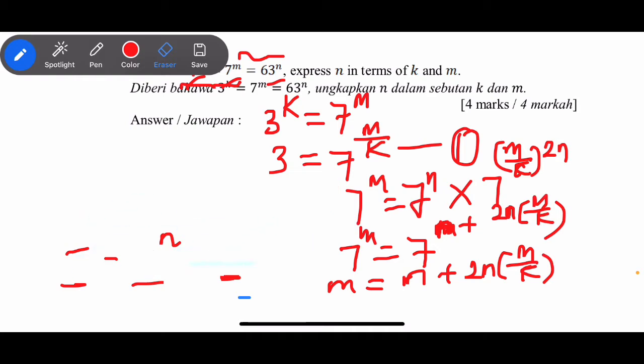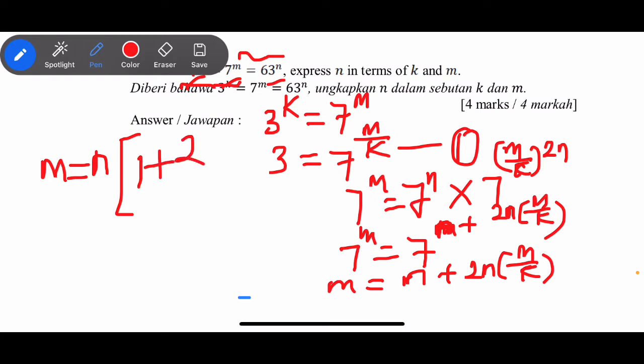Hence, m is equal to n plus 2n m over k. Now I'm going to factorize the n, so the balance inside the bracket will be 1 plus 2m over k, right? So now I must make the denominator the same.